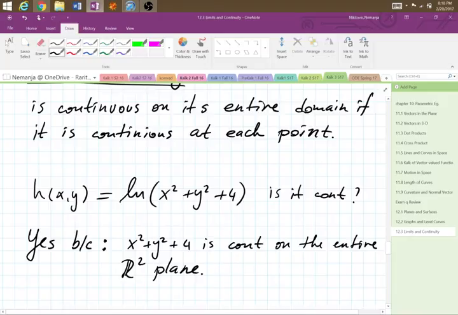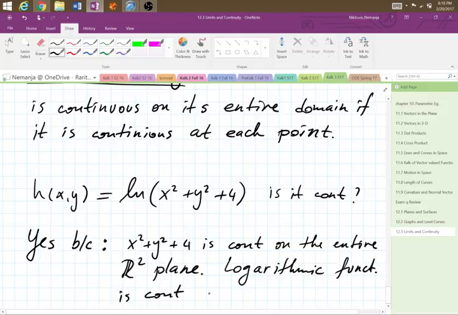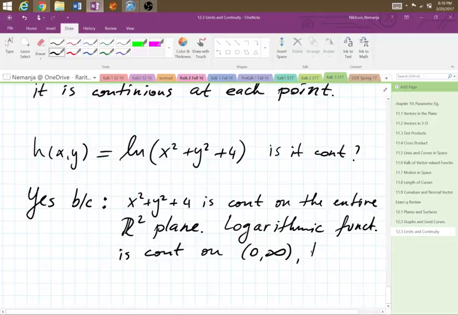Logarithmic function is continuous on 0 to infinity by theorem.